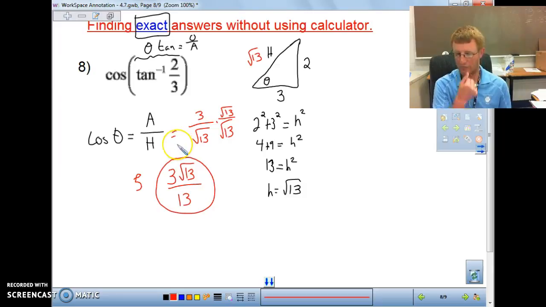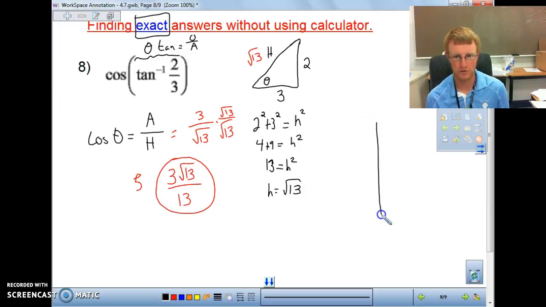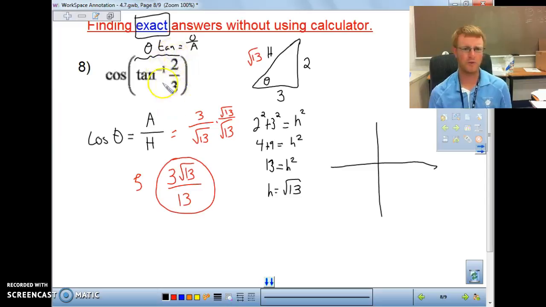Now, the last thing we want to pay attention to is we have to consider our quadrants. Let's make sure that our answer is indeed positive. With the inverse tangent of 2/3, where is it even allowed? Remember, we don't have a theta here.